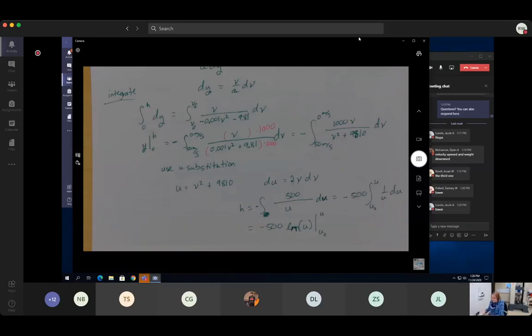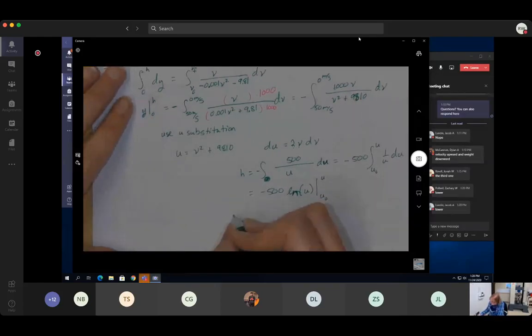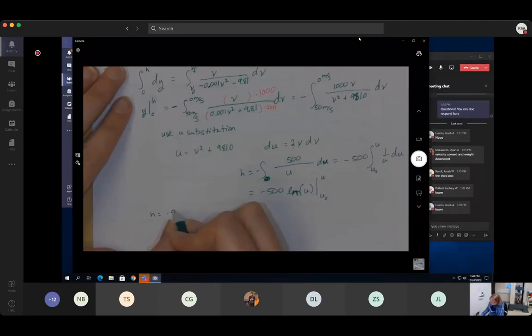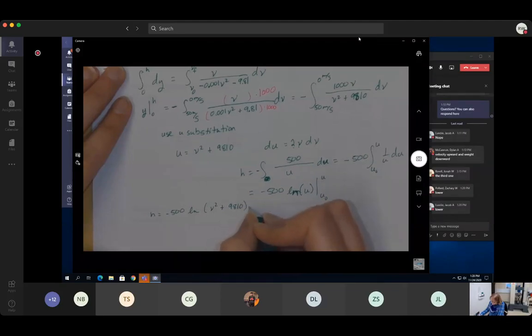And so if we substitute back, we have h is equal to negative 500 times the natural log of v squared plus 9810 evaluated from 50 to 0.